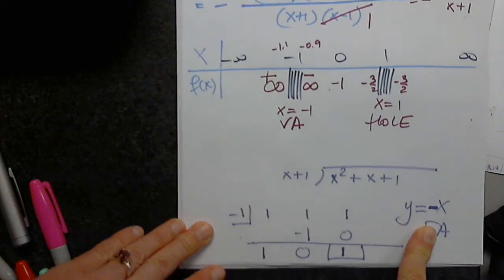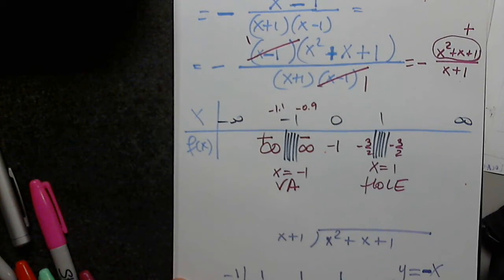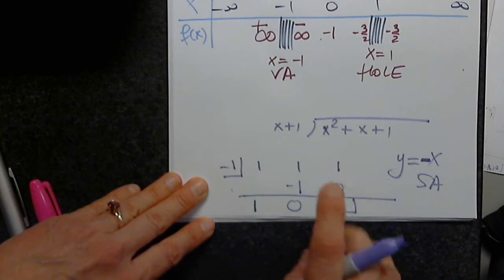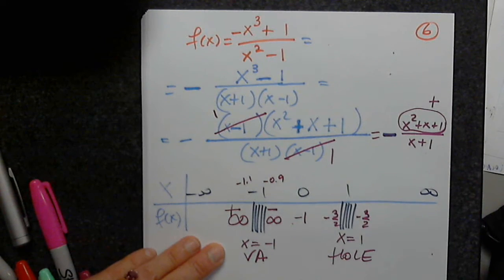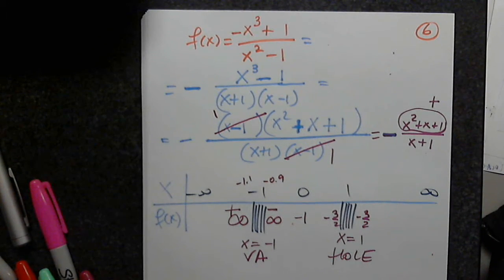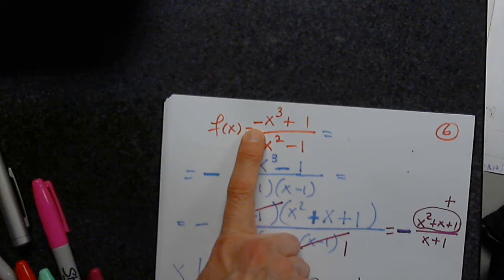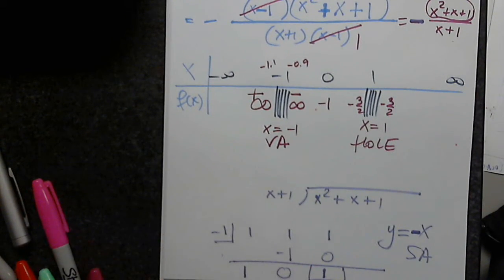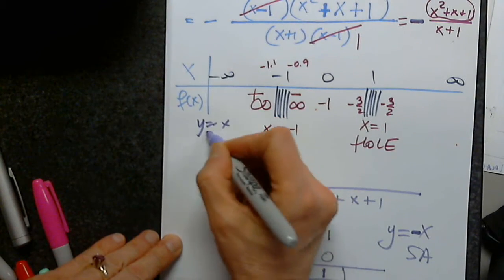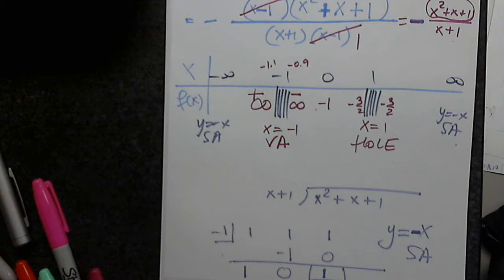So what makes the asymptote y equals x versus y equals negative x? The coefficient is negative at the top. Okay. So y equals -x, slant asymptote.